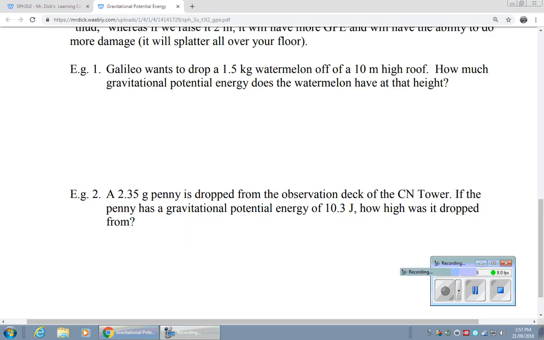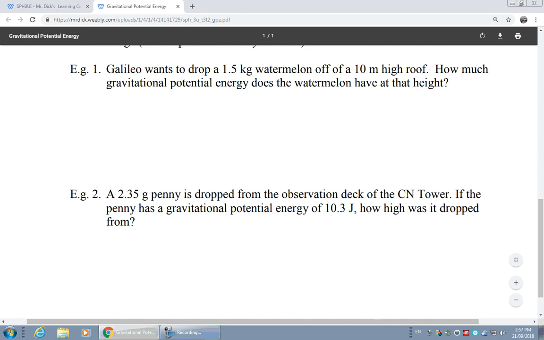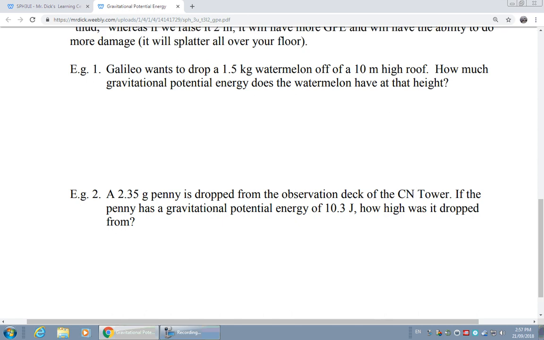And now that we're armed with a formula to work with, we can go directly to some problem solving and see what kinds of energy are involved. And so Galileo, for example, was famous for doing lots of experiments on falling bodies. So he took lots of objects and liked to drop them from high heights and analyze through very clever experiments how they compared to one another. So let's say he's doing an experiment where he drops a 1.5 kilogram watermelon off a 10-meter high roof.